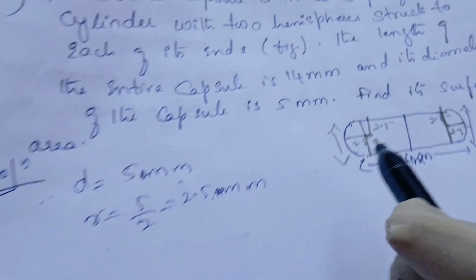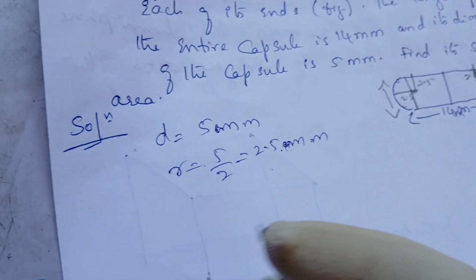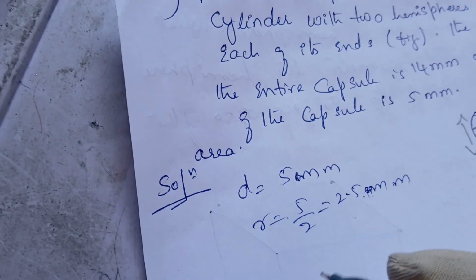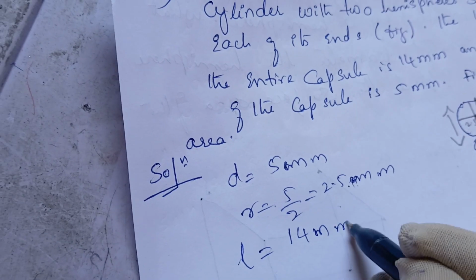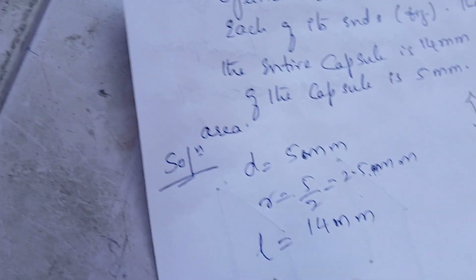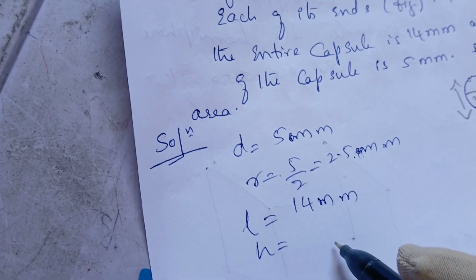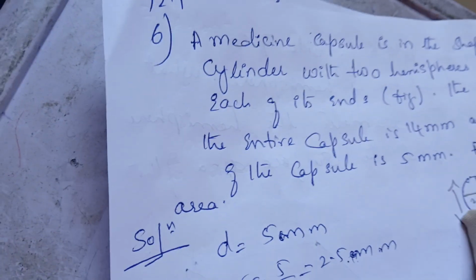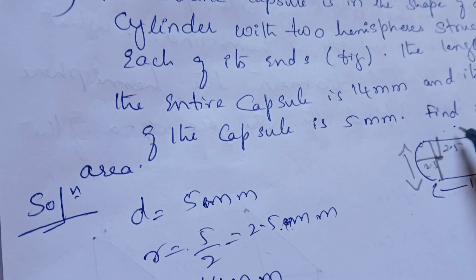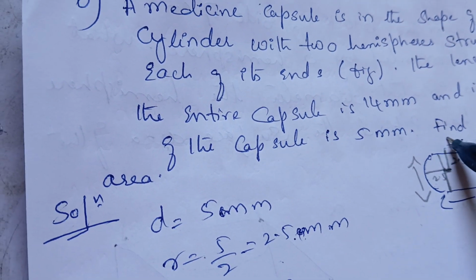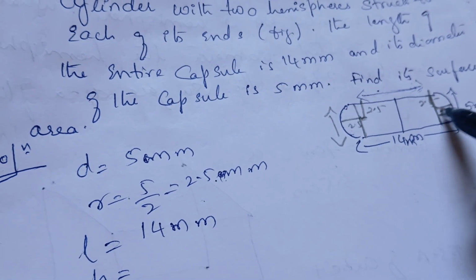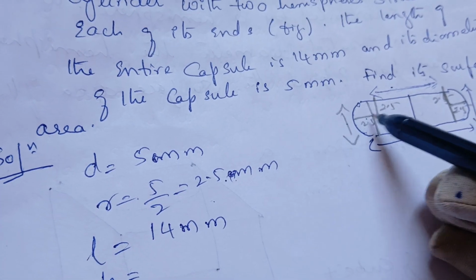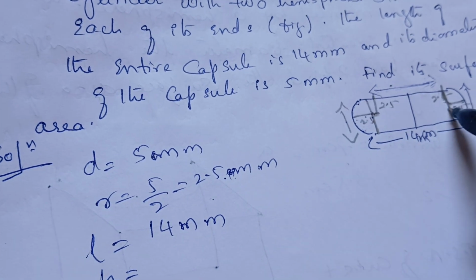Then we have to find out the height of the cylinder. The total length is given as 14 mm. The height of the cylinder is this part. How can we find the height of the cylinder? It can be found by subtracting the height of a hemisphere from each side, that is 2.5 from this side and 2.5 from this side.